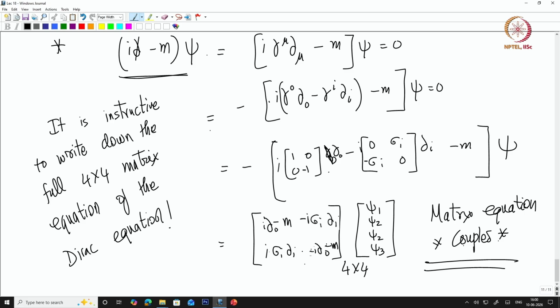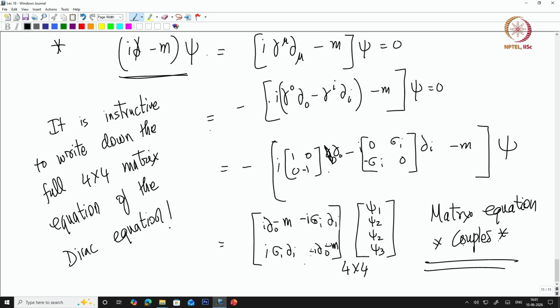So, there is also an m sitting here, and this entire thing is a complicated matrix equation. So, it is instructive to write it down completely and check what is the exact form. These sigmas are not looking so nice anyway. So, you can work it out and write it down.